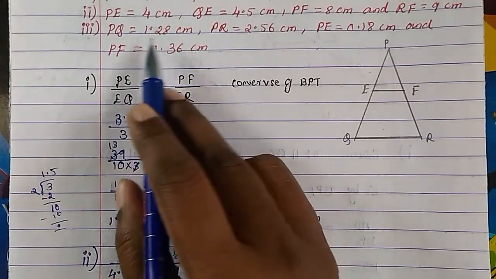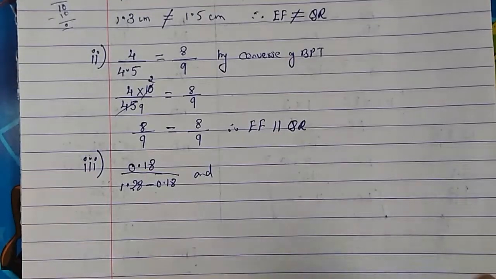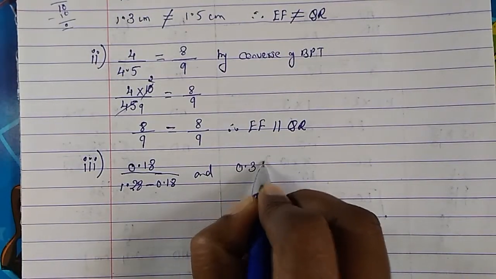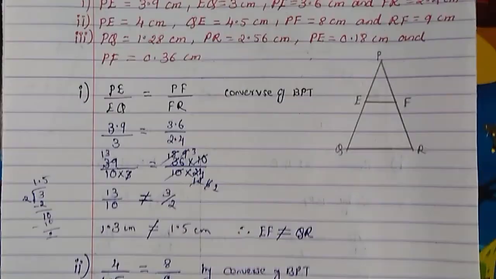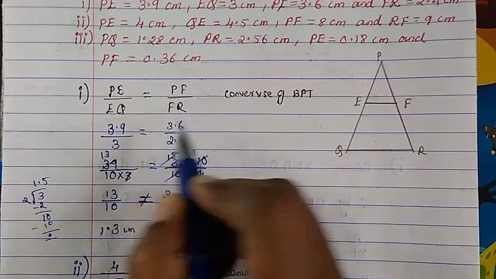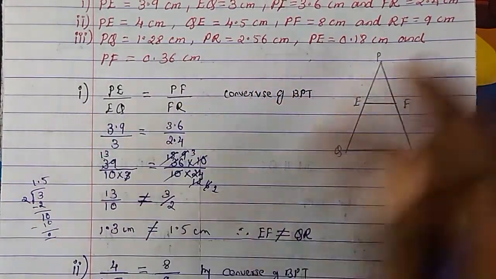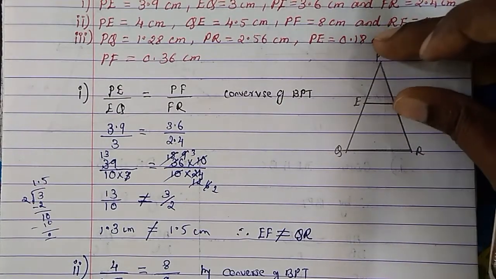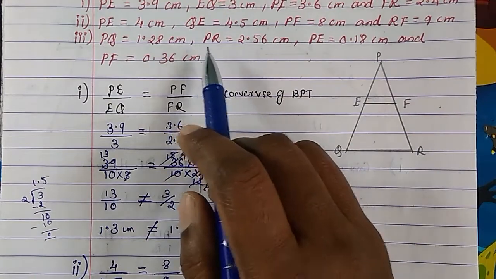Okay, and here, this second part is PF. PF is 0.36. Then FR means this part, but it is not given to us. PF is given to us. Then PR is given to us.